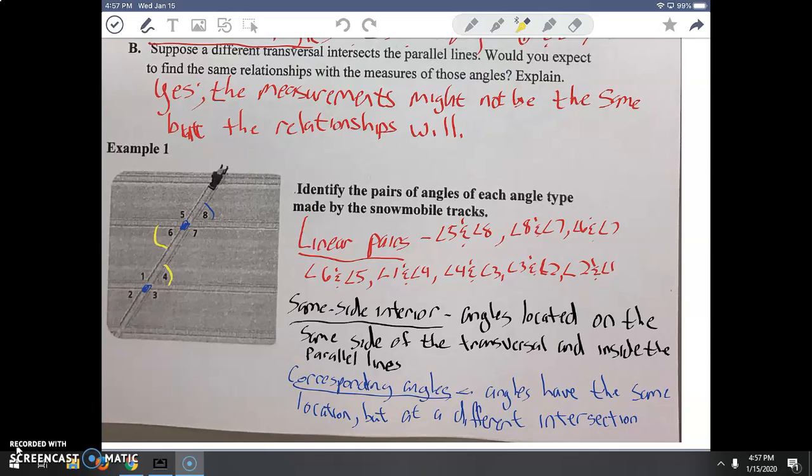If I did angle 6, the corresponding would be angle 2. The corresponding to angle 5 would be angle 1, and the corresponding to angle 7 would be angle 3. So those are your corresponding angles.